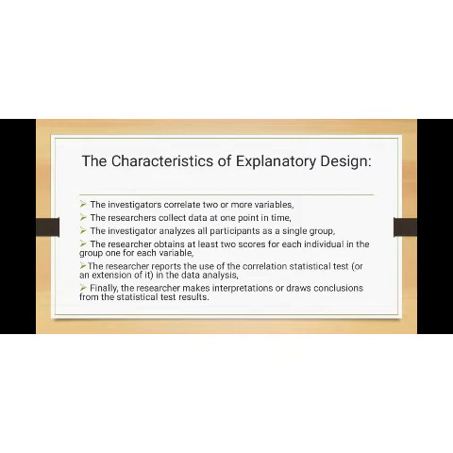For example, for each individual in a study of optimism and appropriate health behaviors, the researcher would collect two scores, an optimism score and a health behavior score. And then the researcher reports the use of the correlation statistical test or an extension of it in the data analysis.